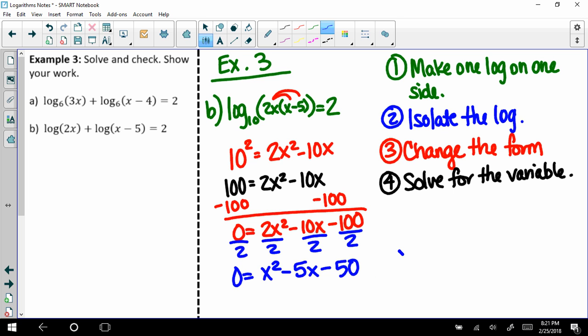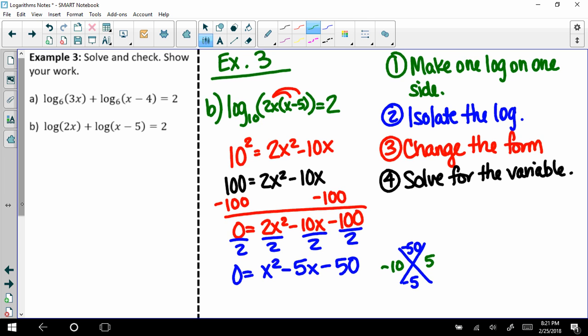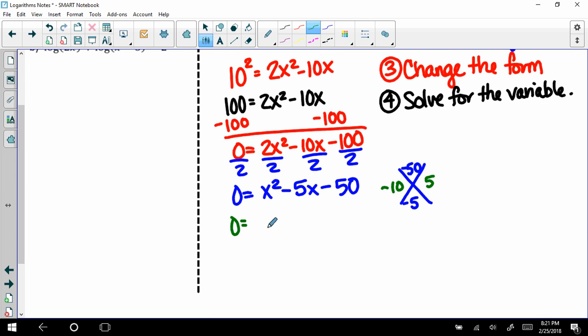Okay, so remember when you're factoring, you're looking for what multiplies to negative 50 and adds to negative 5. Well, what jumps out to me is 10 and 5. Because if I make the 10 negative, negative 10 times 5 is negative 50, and negative 10 plus 5 is negative 5. So then my parentheses will be x minus 10, because it was negative 10, and x plus 5, because it's positive 5.